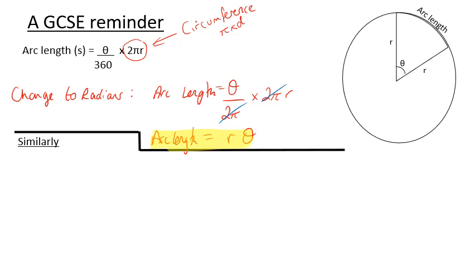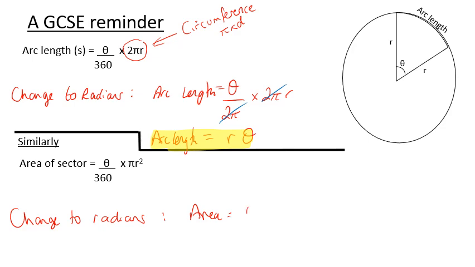Let's do the same thing now with the area formula. So if you were measuring in degrees, you would do your angle out of 360 times pi r squared, so that's the area of the sector. But if we were going to change this to radians, then our area formula, instead of 360 degrees, we'd write 2 pi radians times by pi r squared.